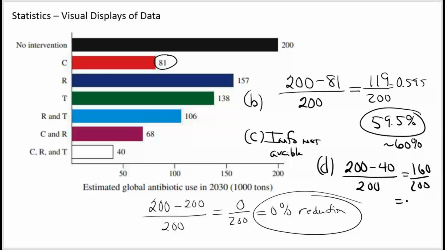And so 160 divided by 200 gives me 0.80, which is an 80% reduction. And of course, that is the biggest reduction out of all of the strategies, is to do everything and see if you can reduce antibiotic usage in animals.